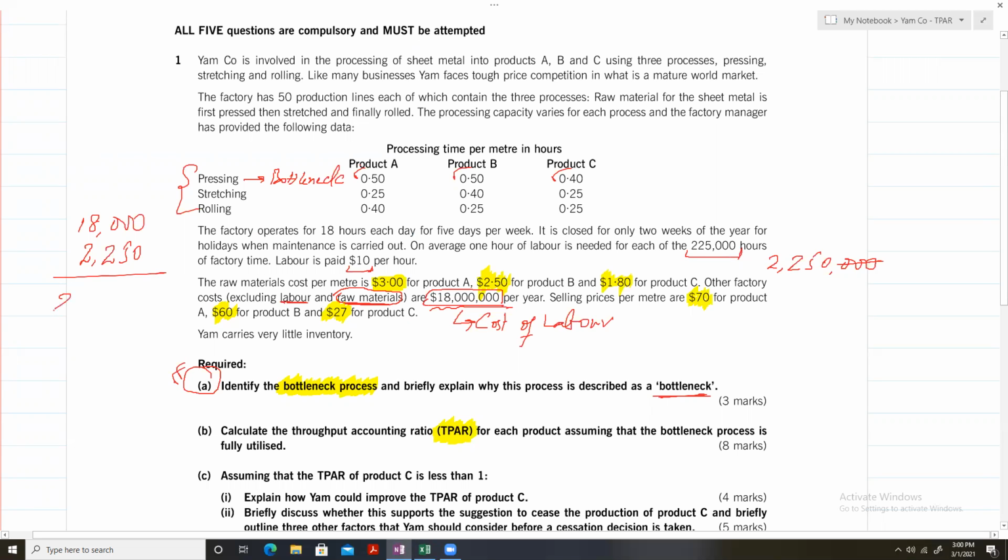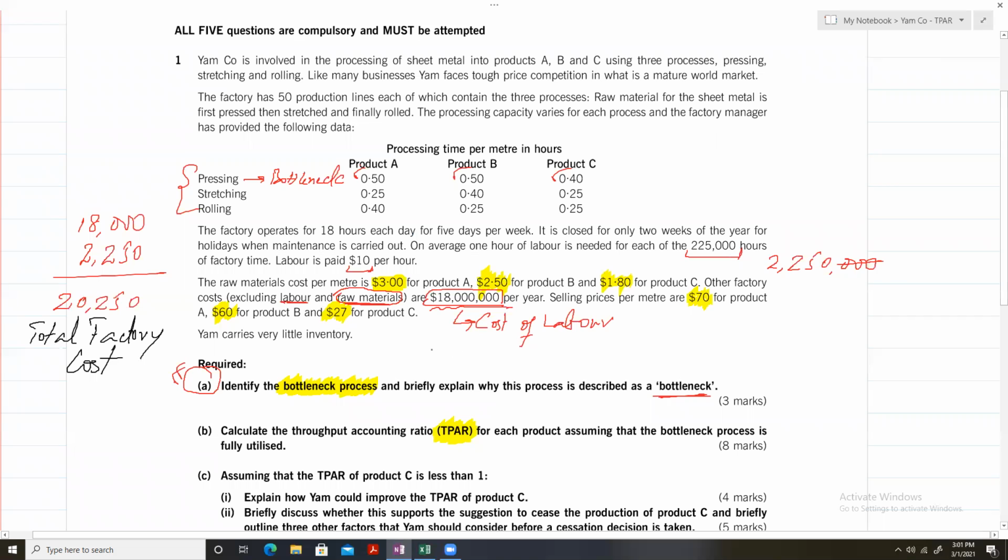You will get 20,250. This is the total factory cost.